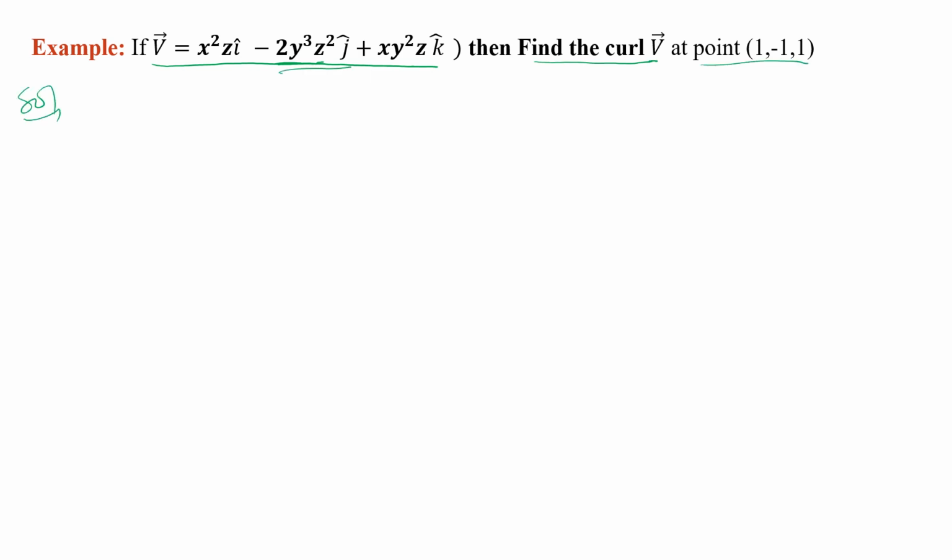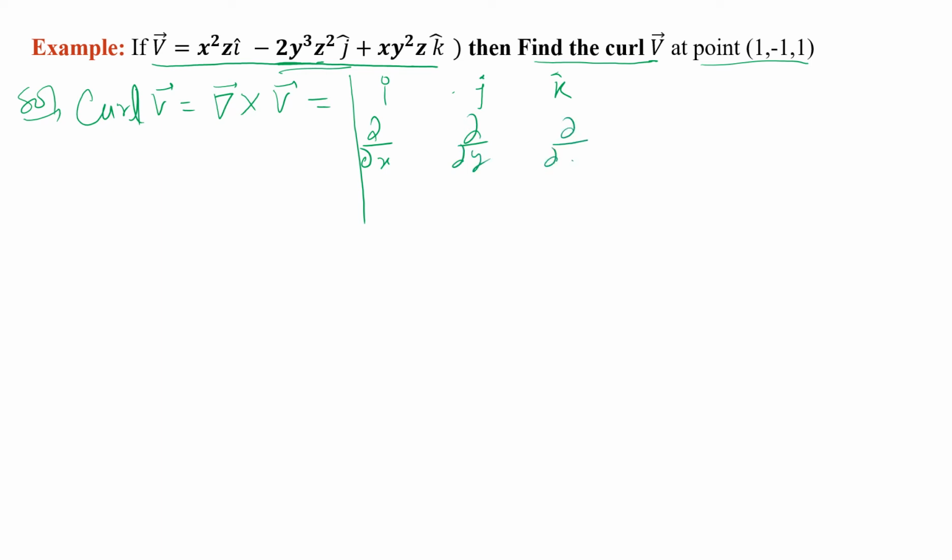As we know, the curl of vector v is del cross vector v. In that case we use the determinant: i, j and k, del upon del x, del upon del y, and del upon del z.